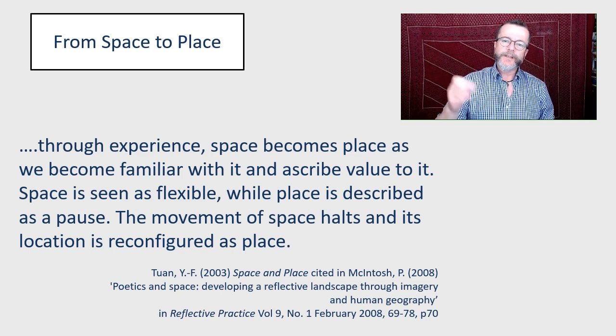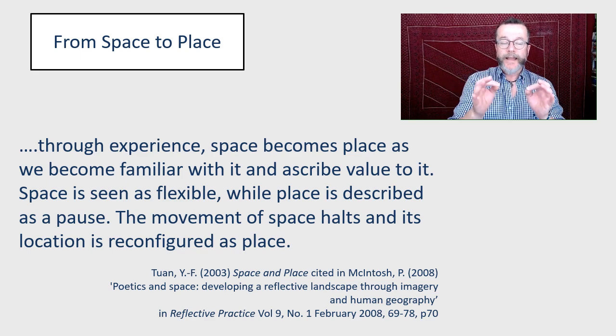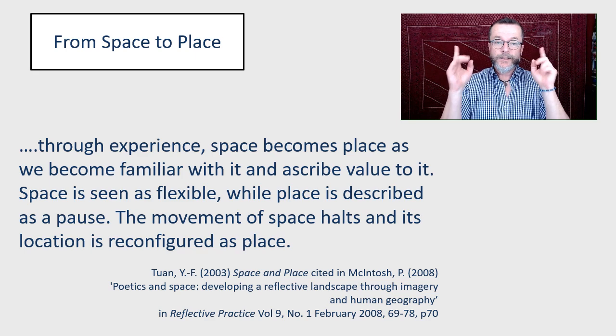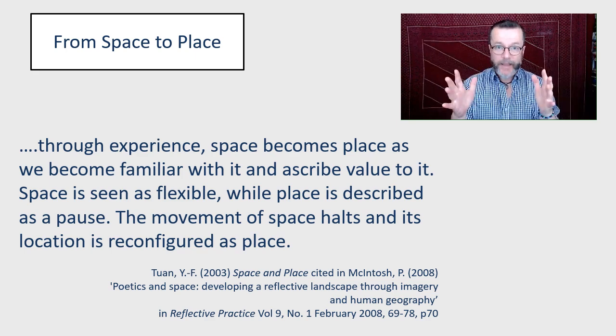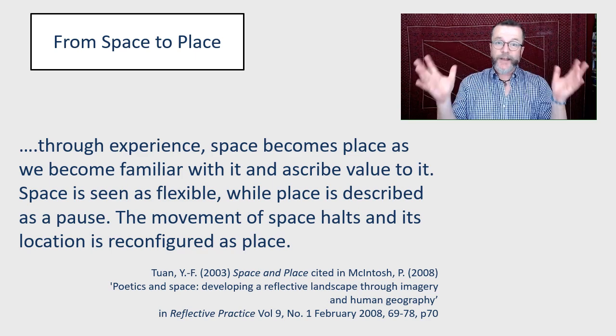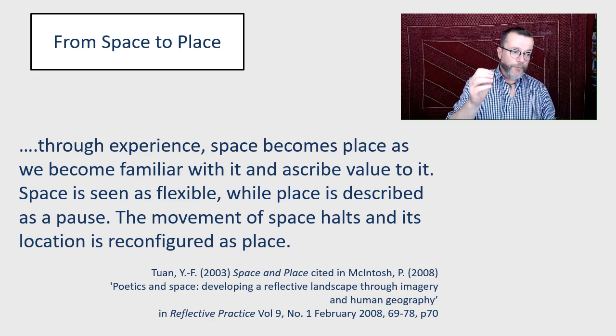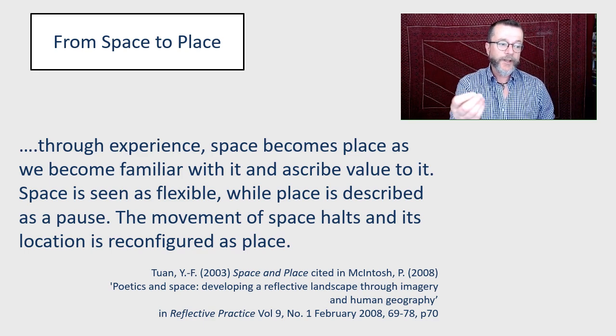The moment we say, once upon a time there was a prince who lived in a beautiful land, suddenly space is place, because, the quote here, through experience, space becomes place as we become familiar with it and ascribe value to it. Space is seen as flexible, while place is described as a pause. The movement of space halts its location and is reconfigured as place.